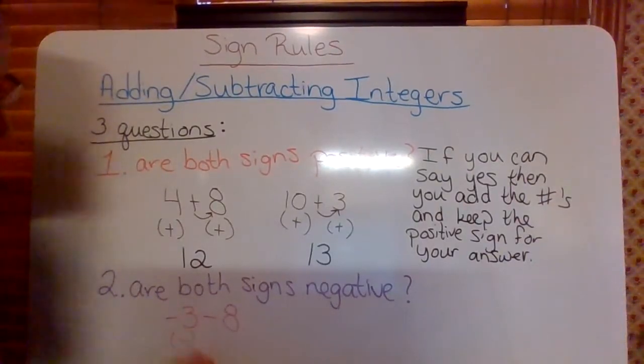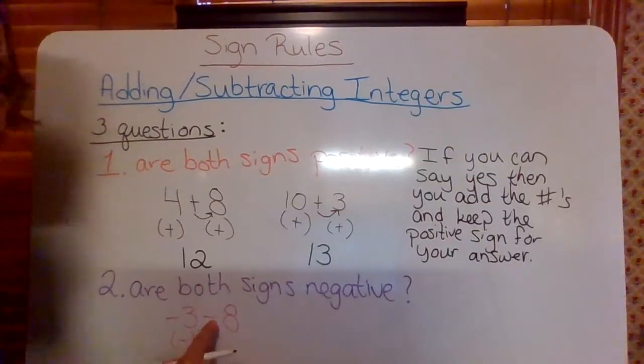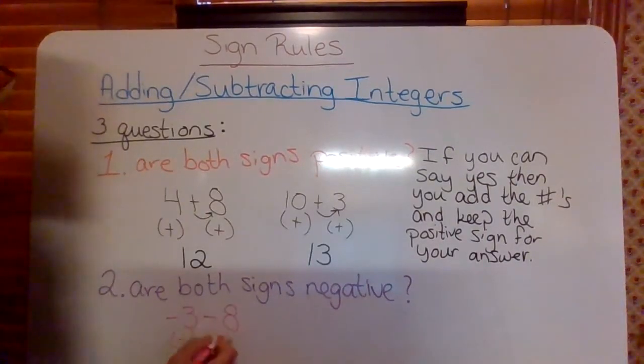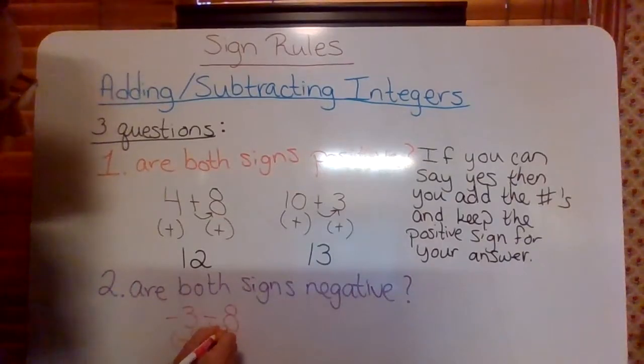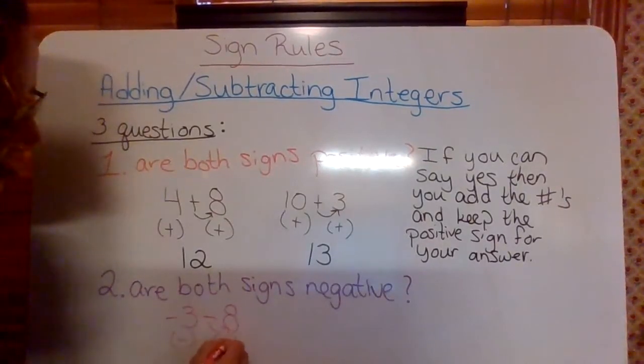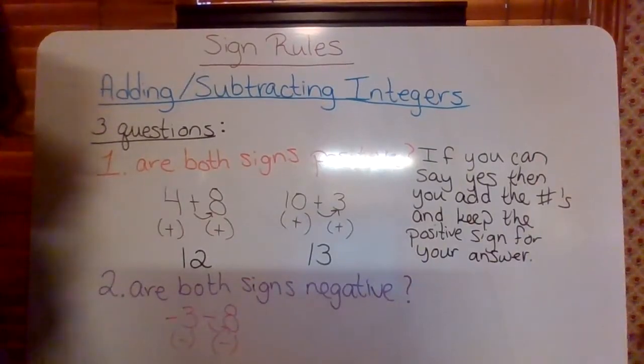So this is a negative number. Now, yes, I said -8. Yes, this is a subtraction sign, but it also tells me that whatever number is behind it is a negative number. So this is also a negative. So they are both negative numbers.